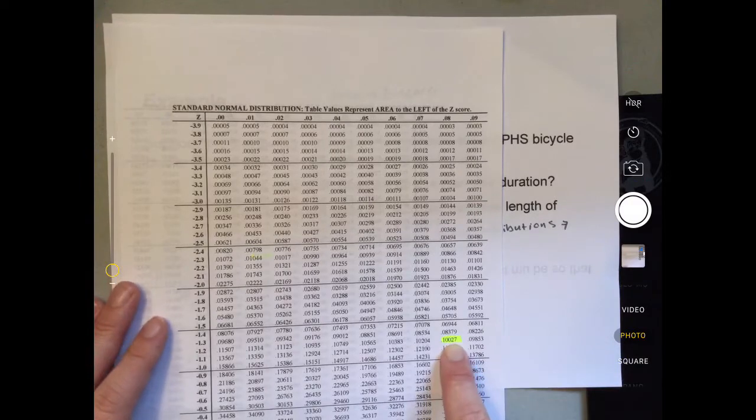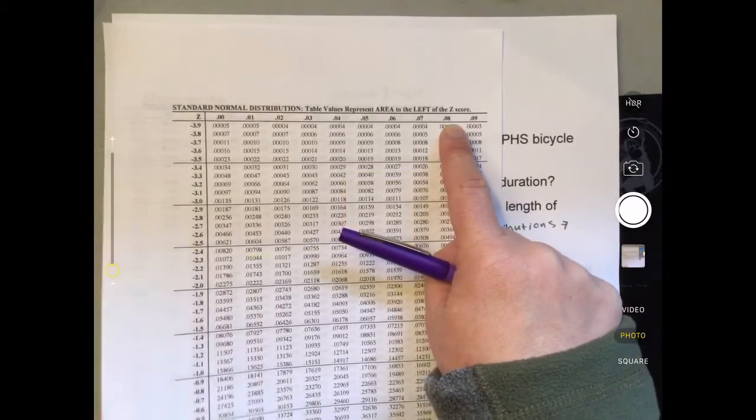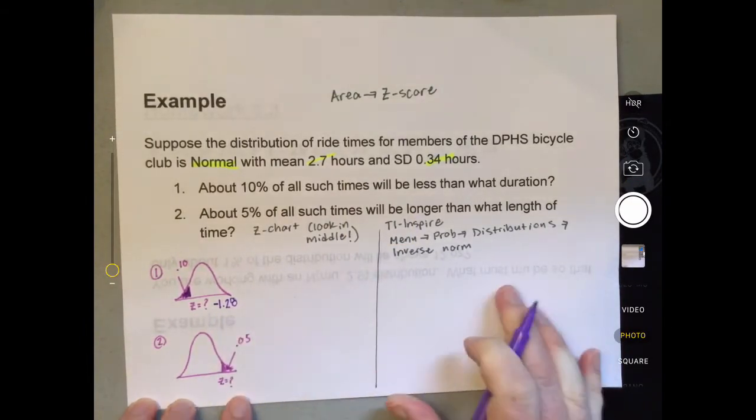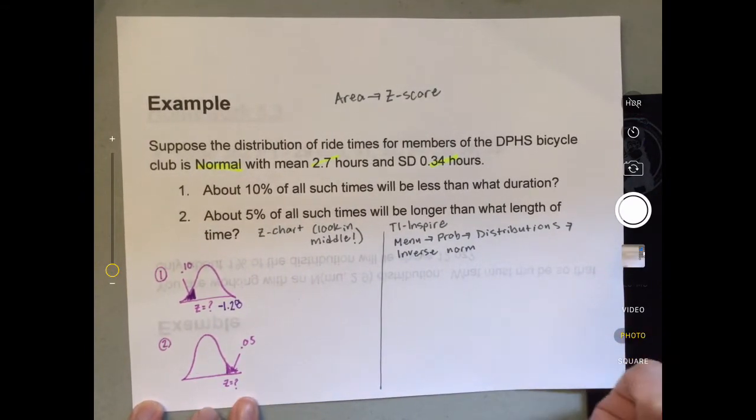If I look all through this, it looks like 0.10027 is pretty close. What is the z-score that corresponds here? That's negative 1.28. So our z-score is negative 1.28. But that's not what it's asking for. It's asking for x. So we need to plug this into our z-score formula.